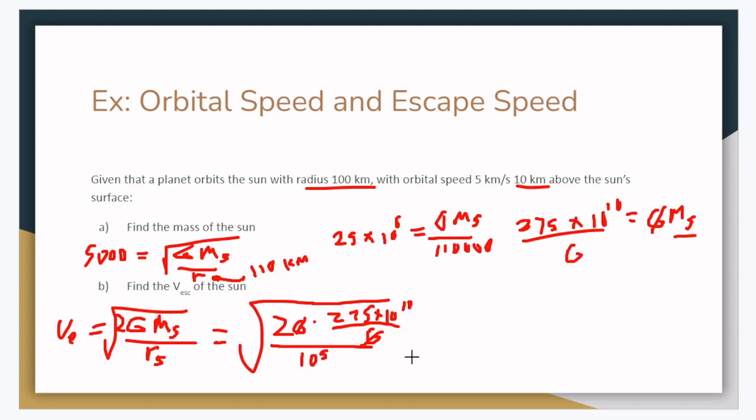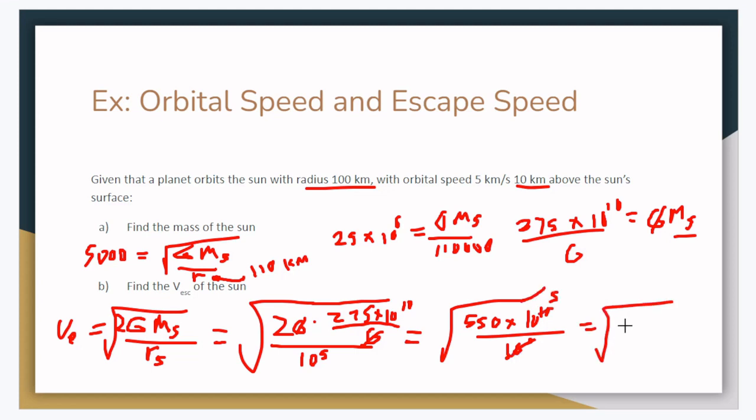And so you just calculate this out, and it becomes root, let's see, 550 times 10 to the 10 over 10 to the 5th, and then that would just make this into a 5, and then that just becomes root 5.5 times 10 to the 7th.